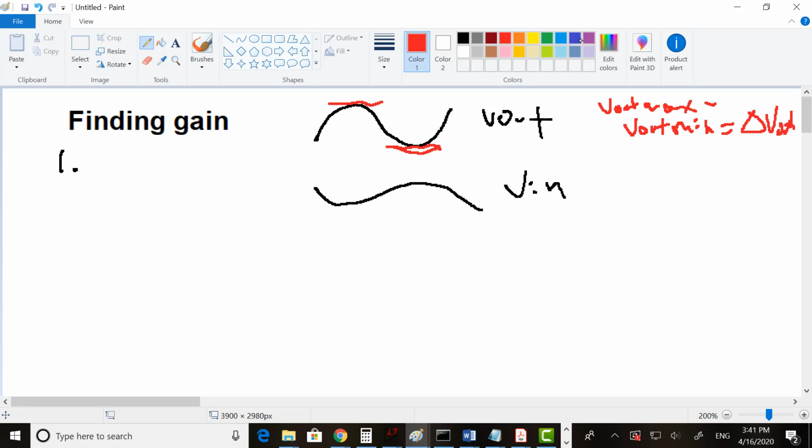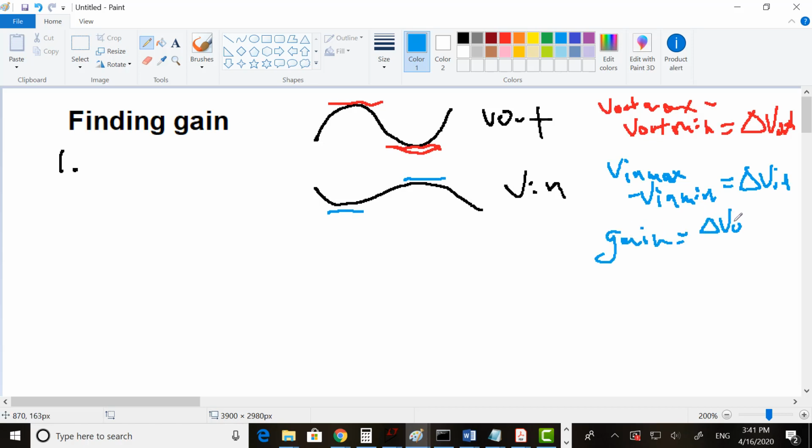And then over here, do the same thing: V in max minus V in min, and that's your delta V in. And you know gain equals your delta V out over your delta V in.